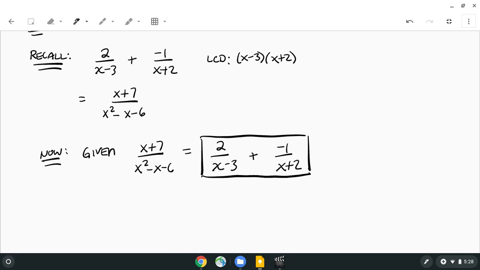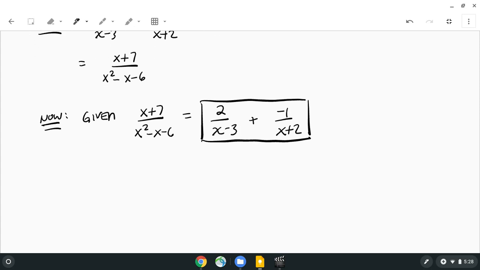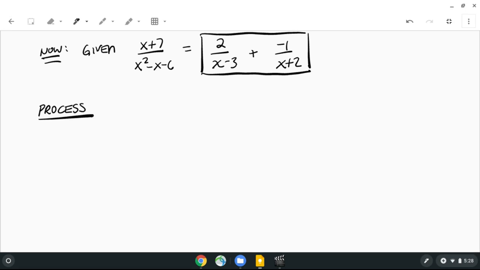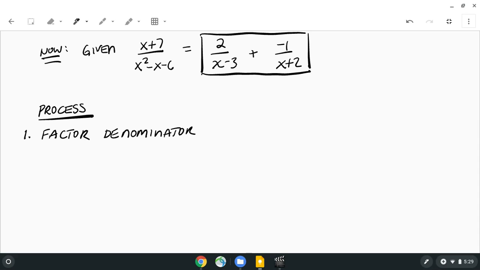All right. So let's talk about the process for finding these fractions. And that's what we call the partial fraction decomposition. So the first thing you want to do is factor the denominator. Like in that above problem, x squared minus x minus 6, you would want to factor that.